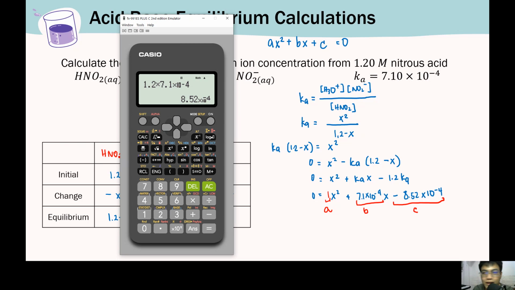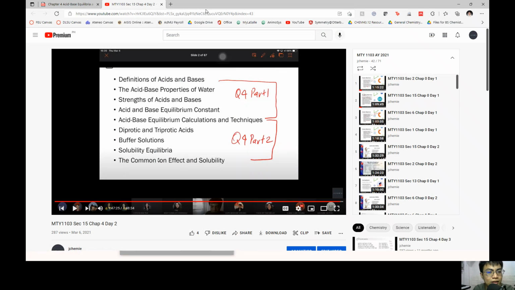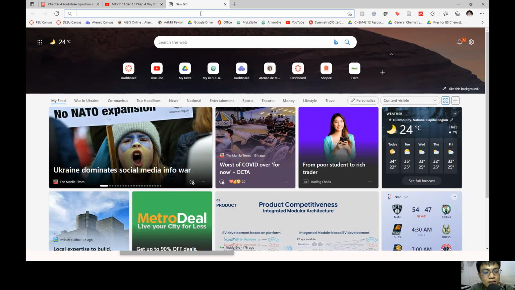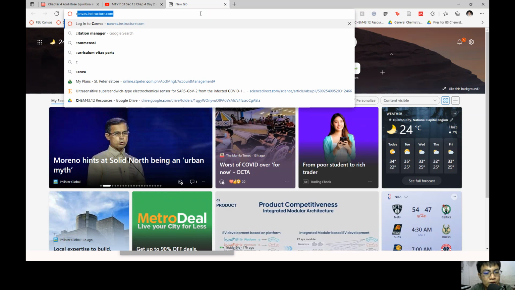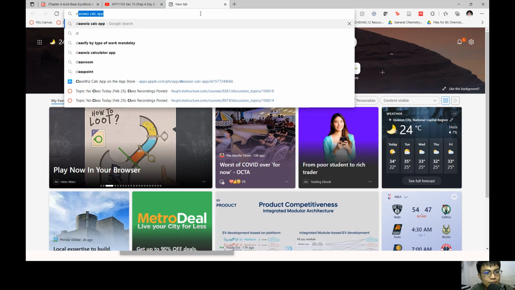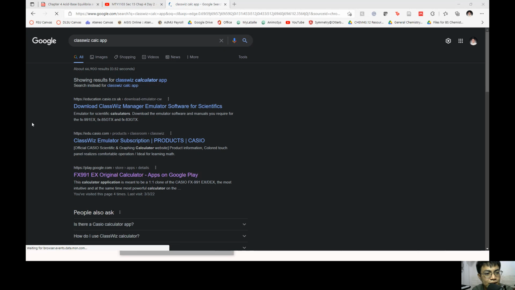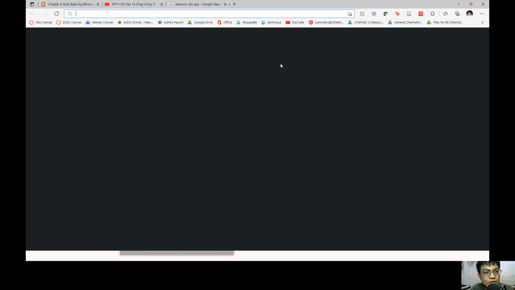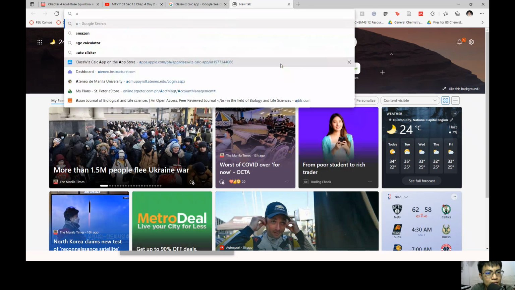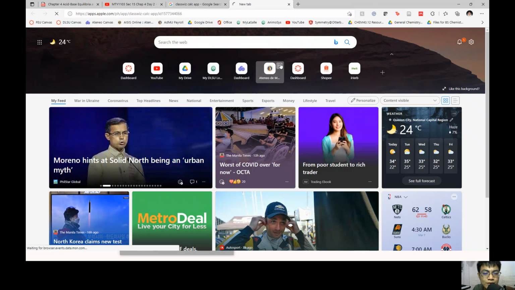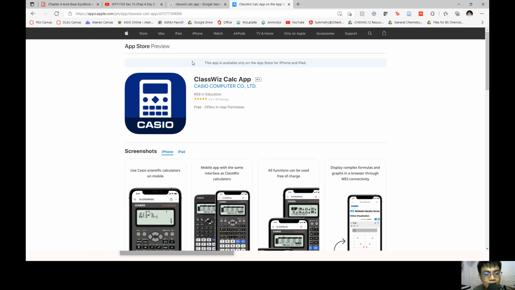But I think you have an idea that you can get a version of your Casio calculator by just using this keyword. So please just google it: ClassWiz Calc App. This is available in your App Store if you're using Apple. It's free. I actually have one of these in my phone, and it's very convenient.